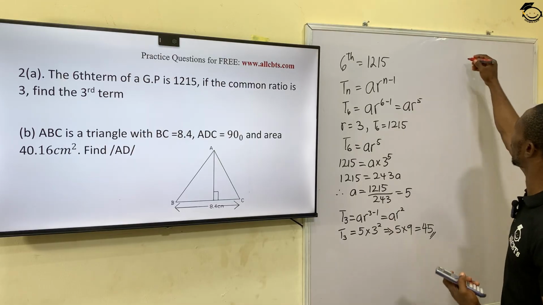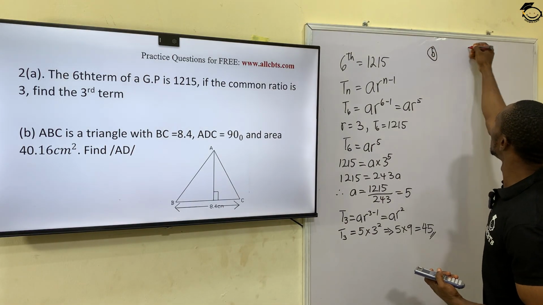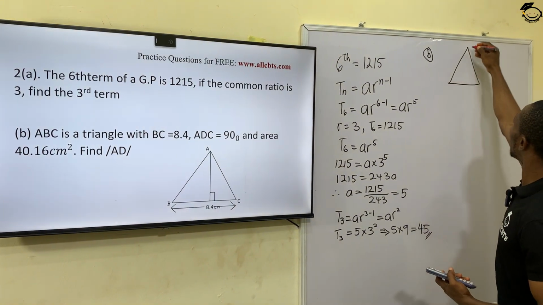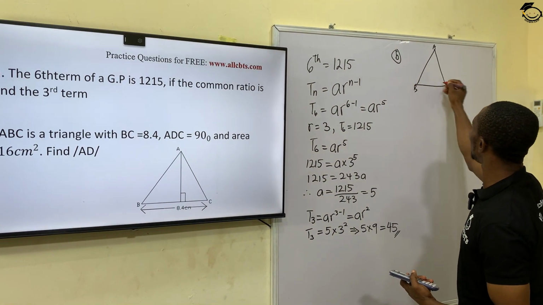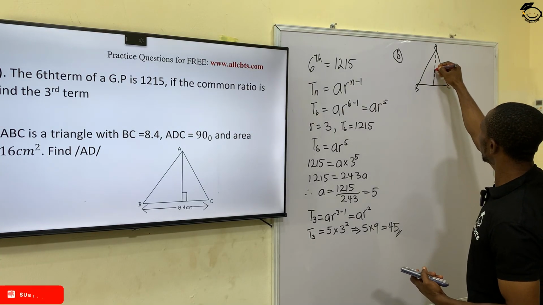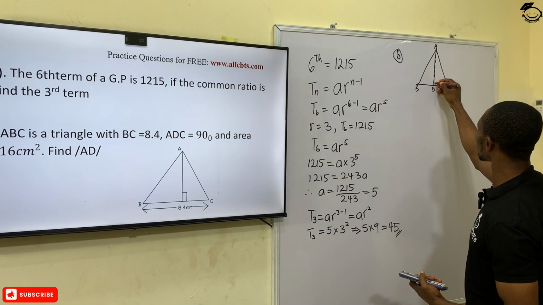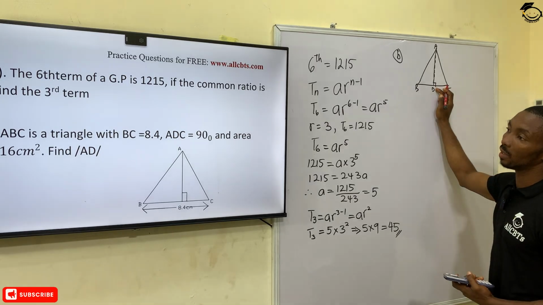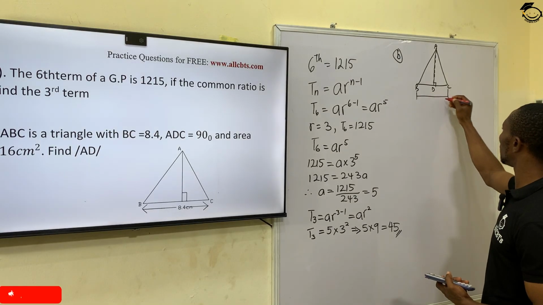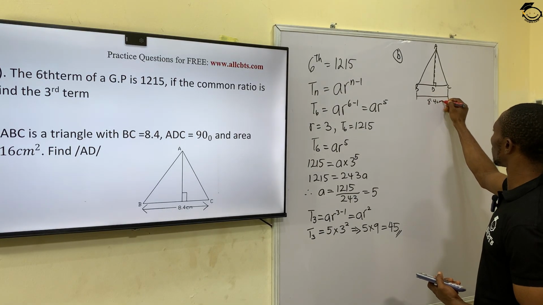So if we have a triangle this way, all right, we have A, B, C. Now dividing this triangle into 2 forms our line AD. So they said angle ADC is 90 degrees, and we know that BC is 8.4 centimeters.